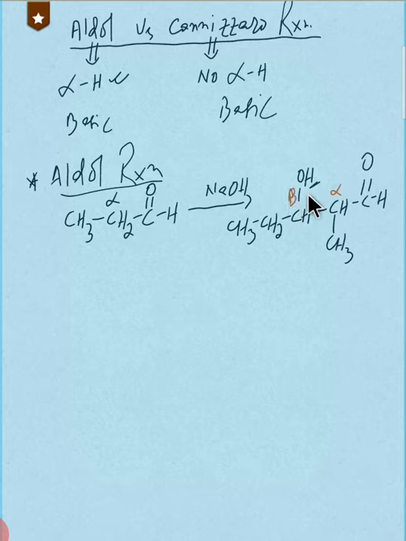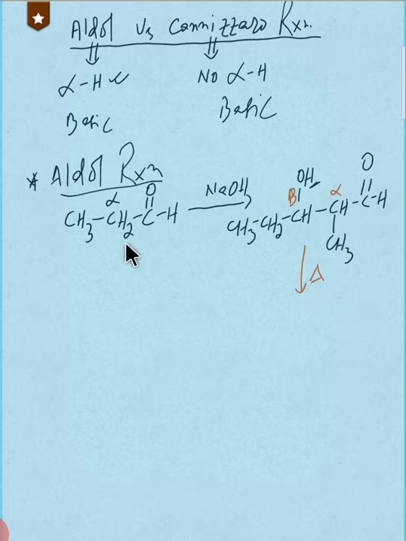So beta hydroxyaldehyde is formed. So if it is heated, if this aldol, this is aldol because aldehyde as well as alcohol is present in this compound, and if it is heated, then aldol condensation product will be formed.